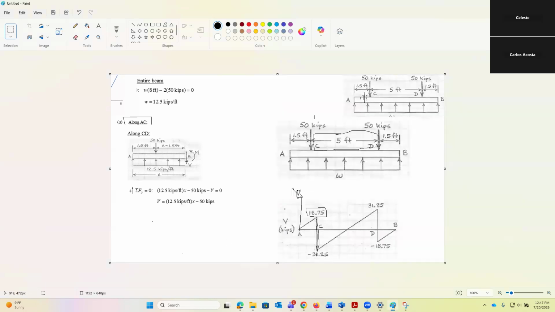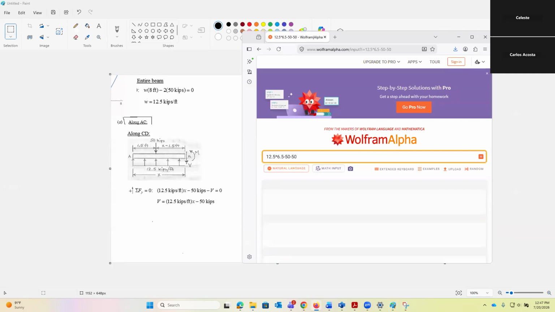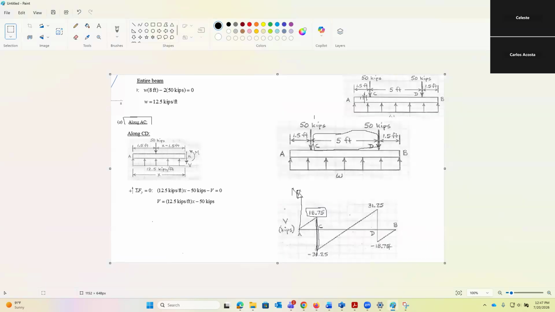All right, cool. So we'll go back there, then negative 50, so that negative 50 is 18.75, negative 18.75. Yep. And then back to 0. Okay, so that's our shear diagram. Let's go to our moment diagram.